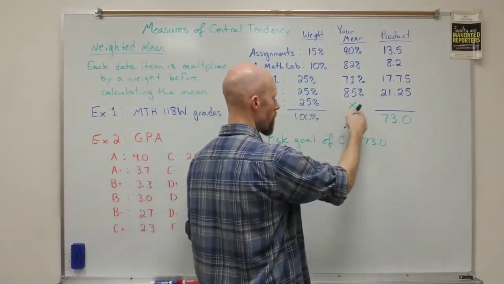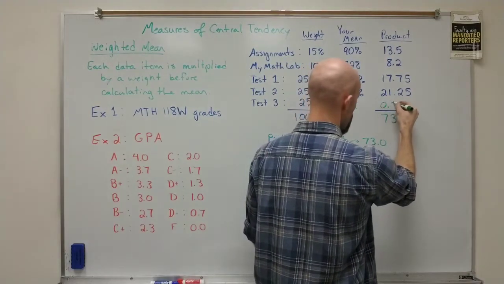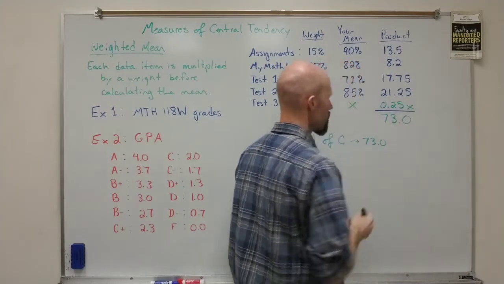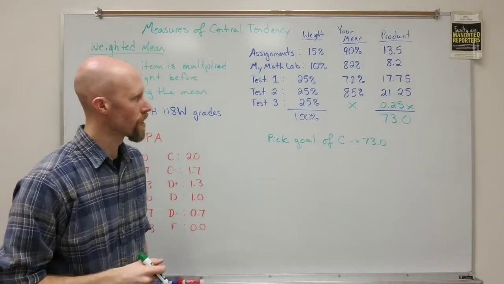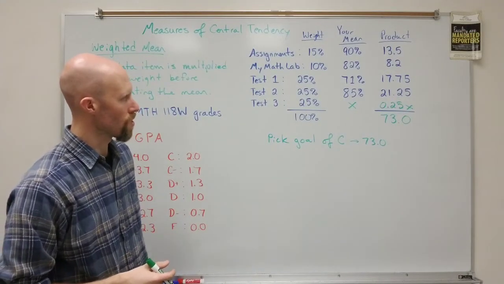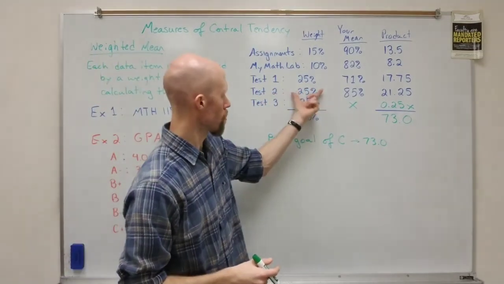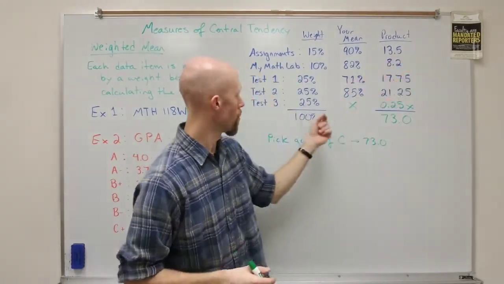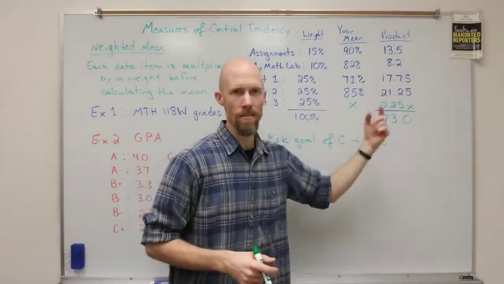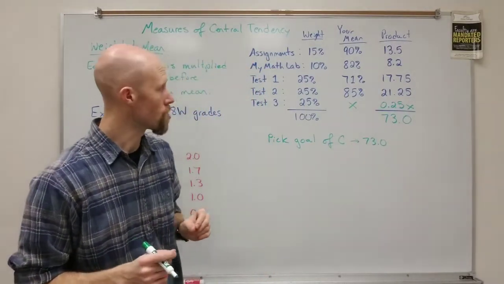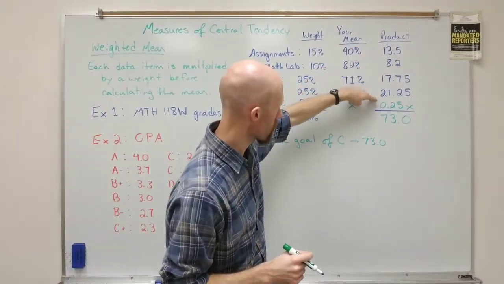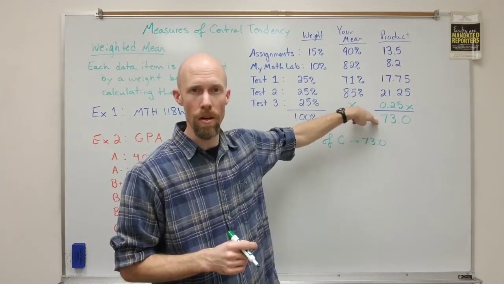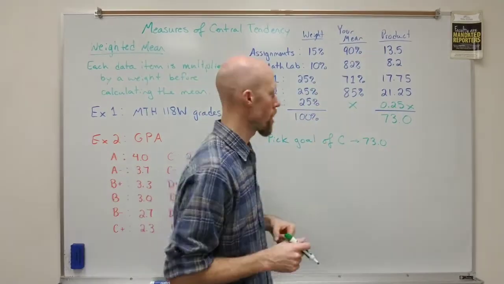You do 0.25 times x, and then we solve. So you're multiplying: here's 0.25 times 85, this is 0.25 times 71, and so forth. Well, 0.25 times x would give you that value. What we need to do then is just add up the products and set them equal to 73. The sum should add up.